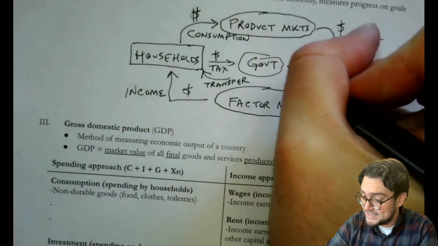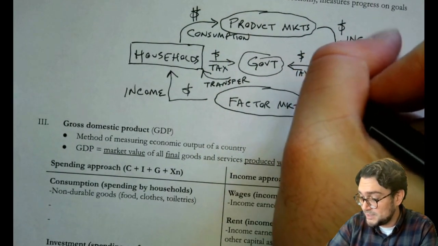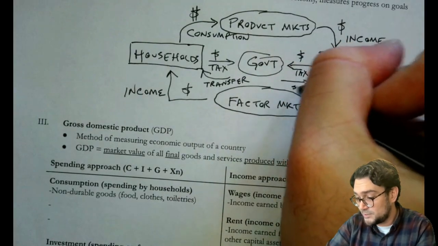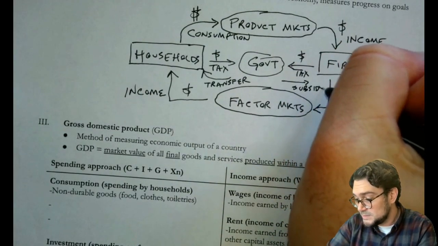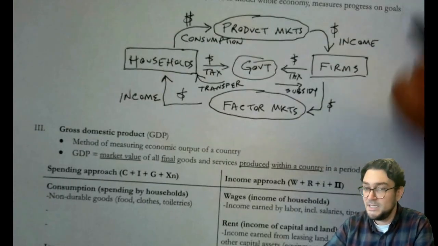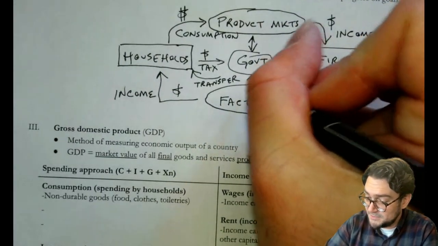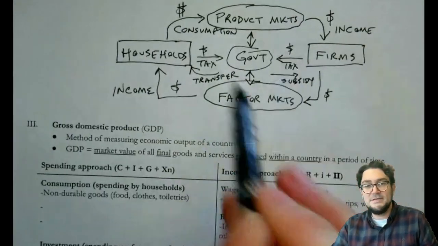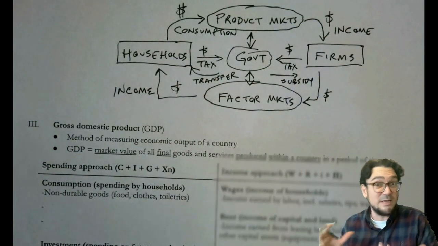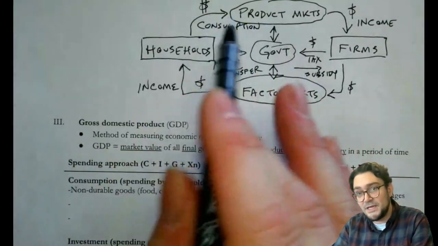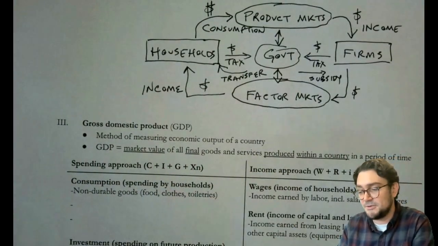Sometimes firms pay taxes, so you can have money flowing back and forth, and sometimes you get what we call subsidies that go back out to firms. Governments will also go into the product markets and the factor markets. So there are obviously ways that we can make this more complicated. We could even draw over here the rest of the world, and we know that they will sometimes buy things from our product markets and our factor markets.